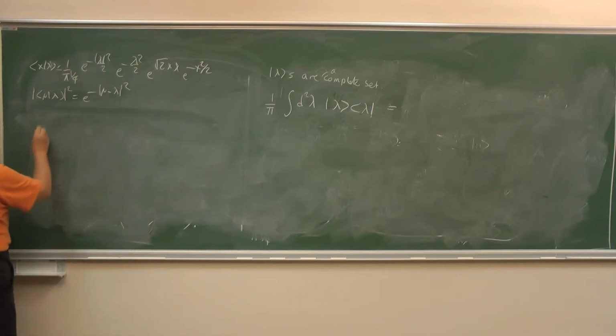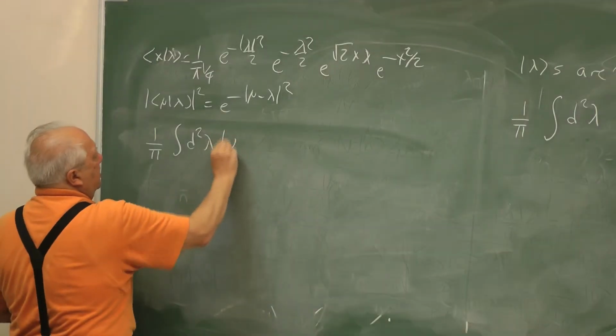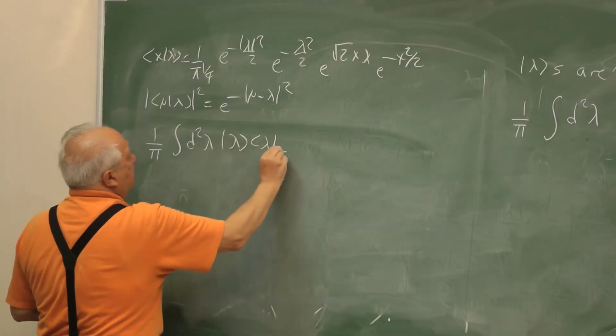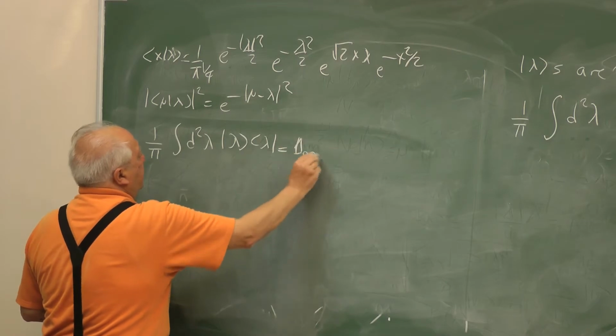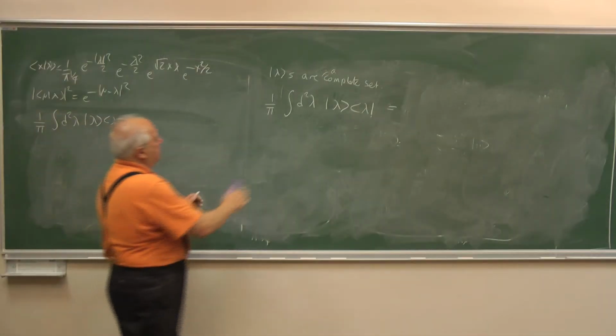So, not orthogonal, but complete. 1 over pi d square lambda, lambda lambda is equal to 1 operator. So we are done with this.